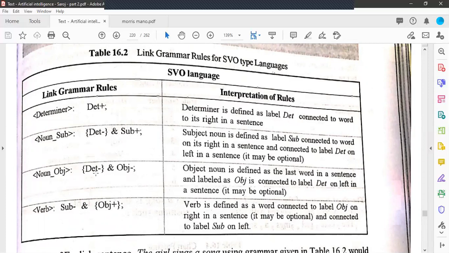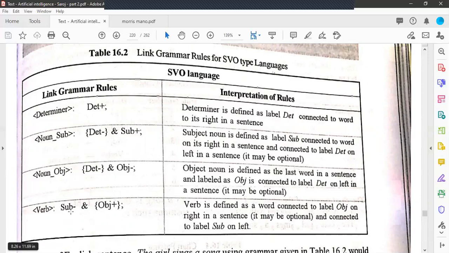And here it is determiner which is at the left side and joined by object. Object typically occurs as the last word in a sentence. So that is object minus. Another grammar rule is sub minus and obj plus.